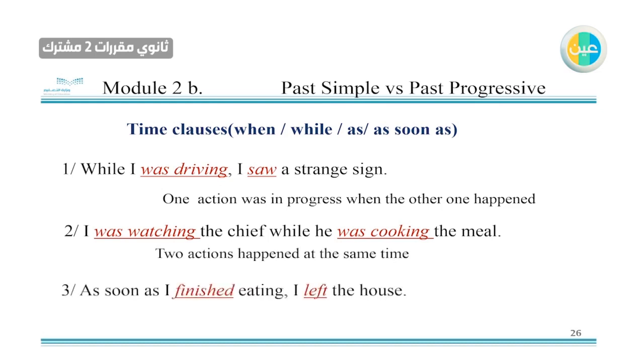And number three, as soon as I finished eating, what happened? I left the house. Two actions happen, one after the other. These are the situations where you use these two tenses. And the time clauses, usually the words like when or while, are the phrases you use to connect the two tenses.